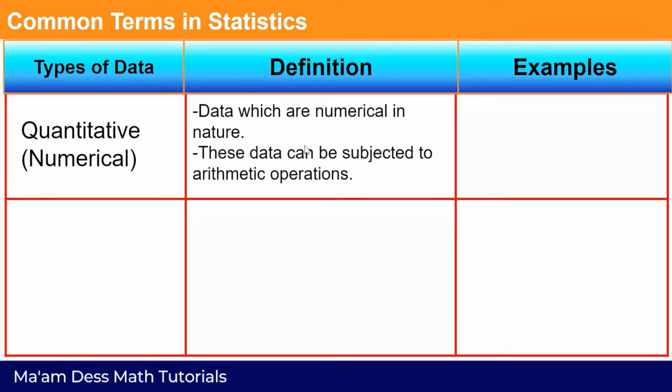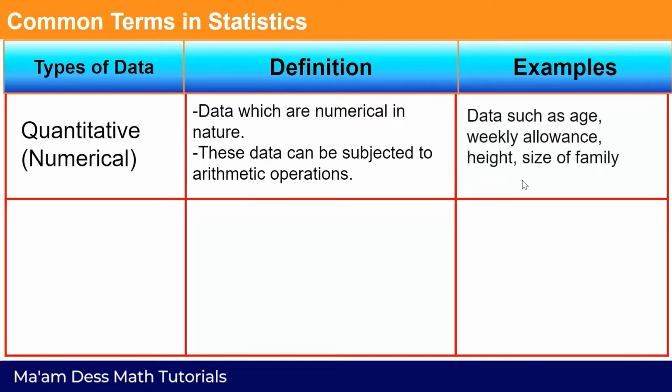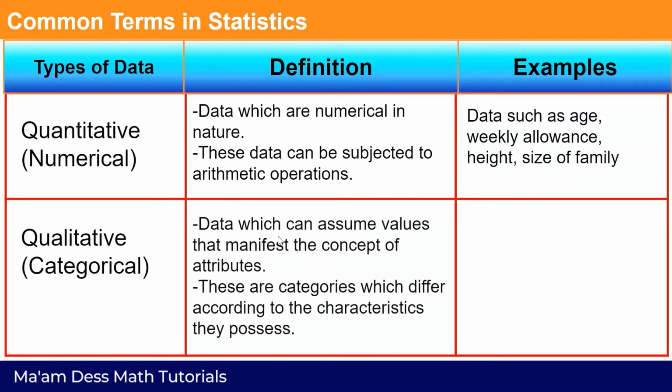Types of data. Quantitative or numerical: data which are numerical in nature. These are data that can be subjected to arithmetic operations. Examples are data such as age, weekly allowance, height, size of family. Qualitative or categorical: data which can assume values that manifest the concept of attributes.